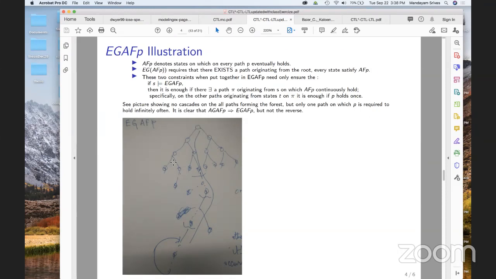On all the other paths, it only requires that AF of P holds good. Therefore, it's enough if P eventually holds on all of those paths just once, okay? But on just one of the paths, it ends up requiring that P has to hold infinitely often.